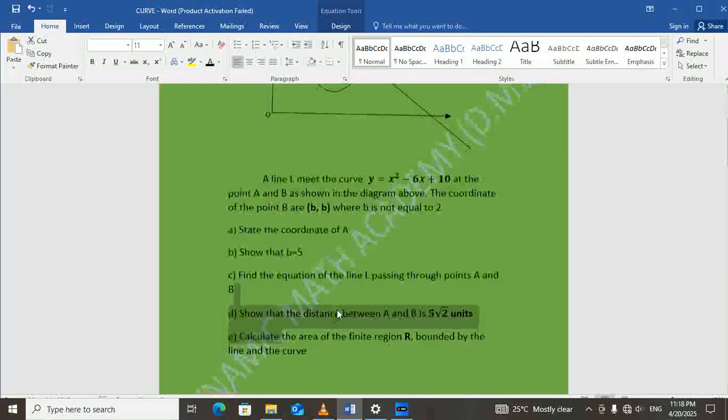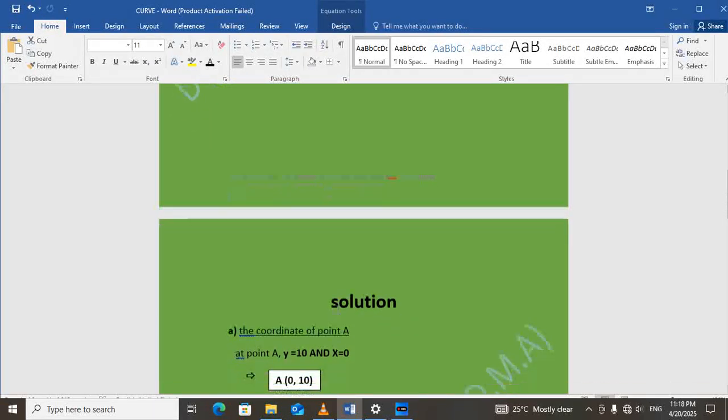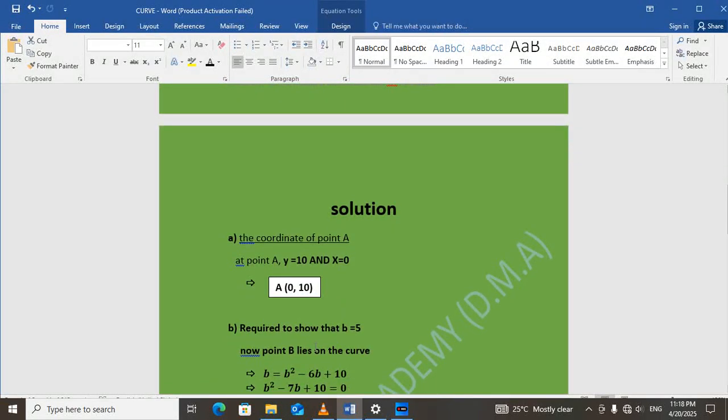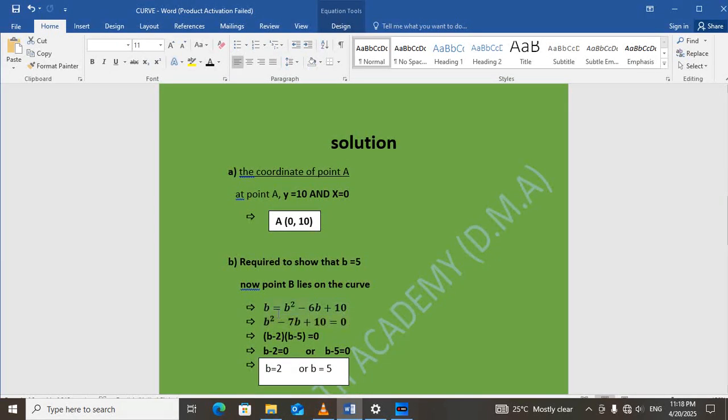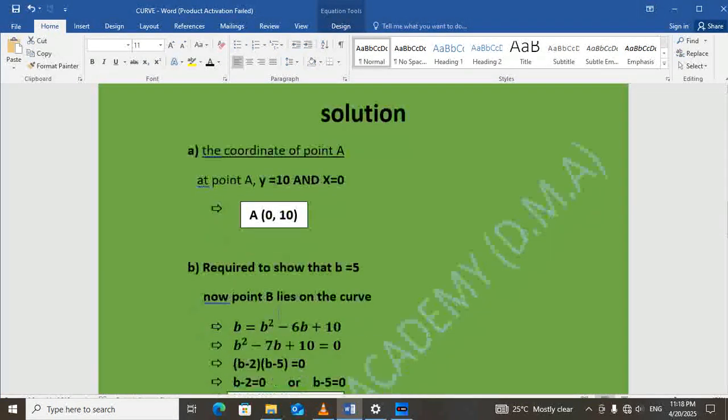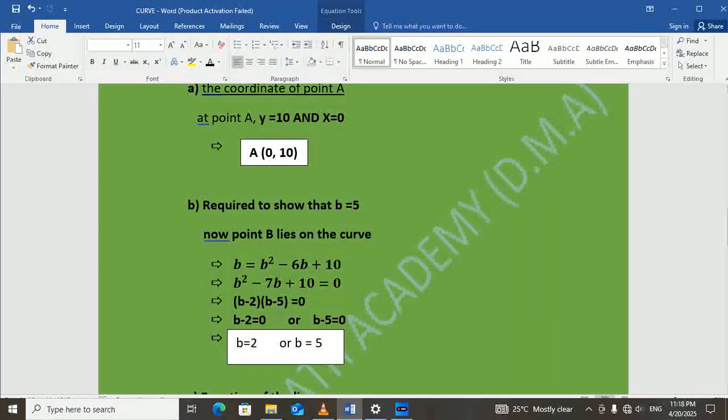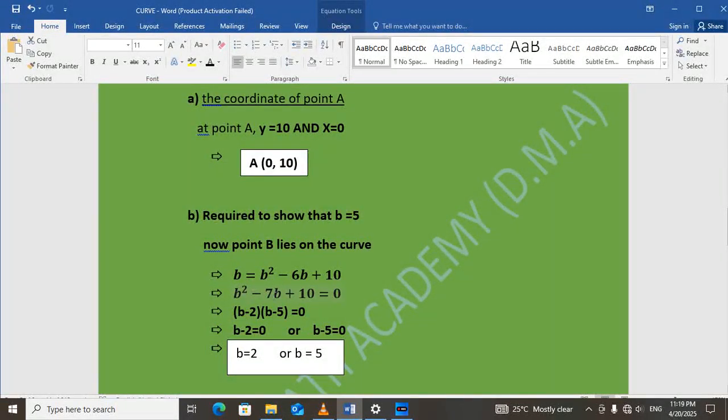If you do that, we are going to have b equals b squared minus 6b plus 10. Remember we had y equals x squared minus 6x plus 10. If you bring like terms together, we have b squared minus 7b plus 10 equals 0. We can easily factorize this. This is a quadratic equation in terms of b.